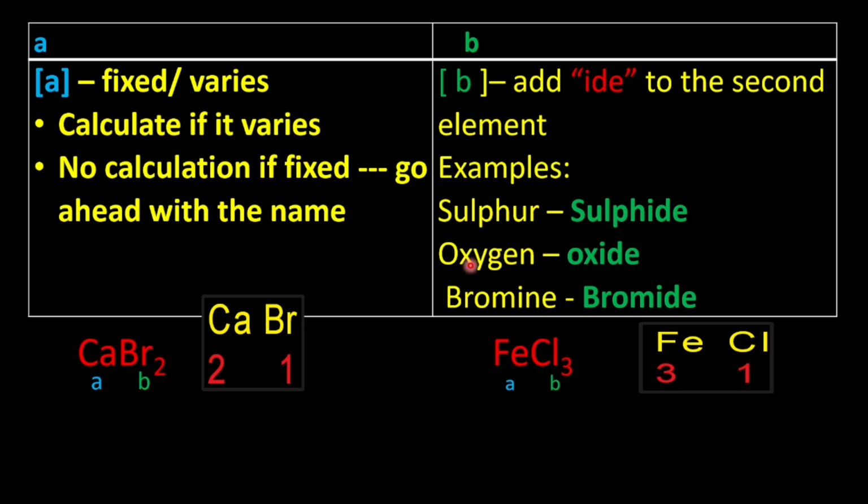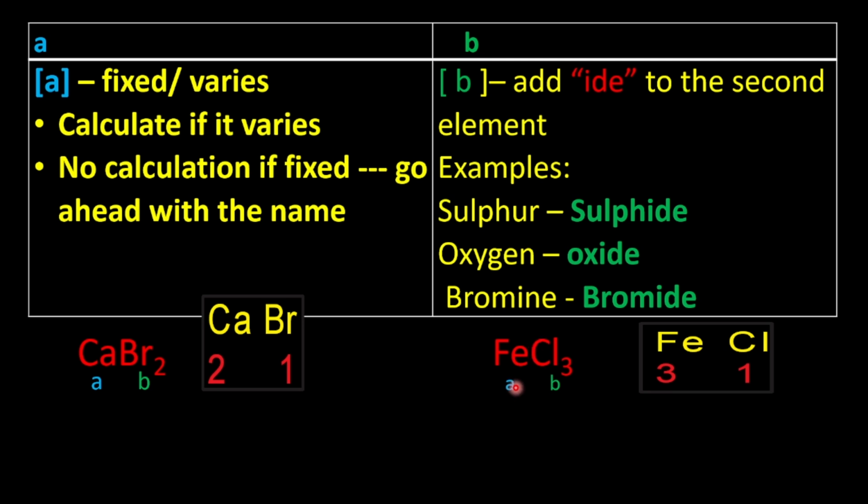When you take oxygen, that becomes oxide. Bromine becomes bromide. So that is the meaning of the ide. In our case here too, when you take A, that is iron. This is Cl. We know that iron here has a charge of 3, chlorine -1. So when they cross, you will get what we have over here.